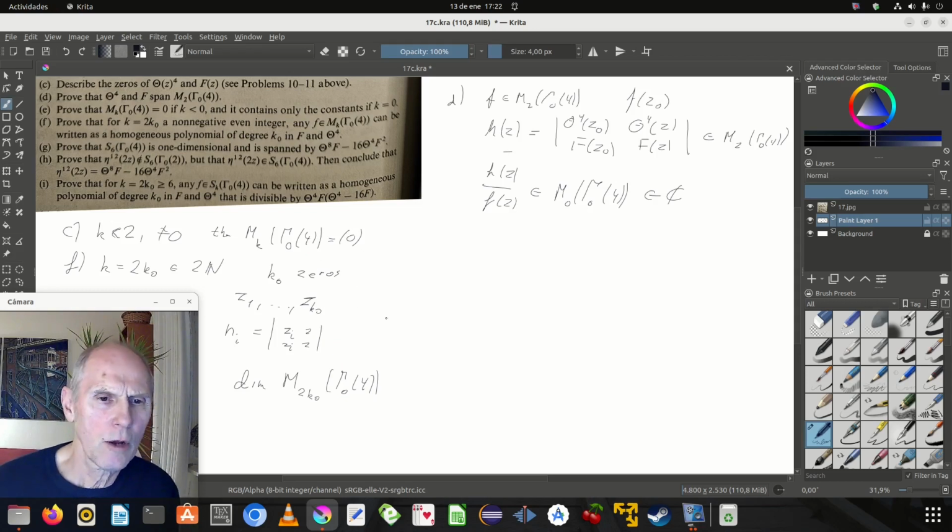So it's generated by the homogeneous monomials.